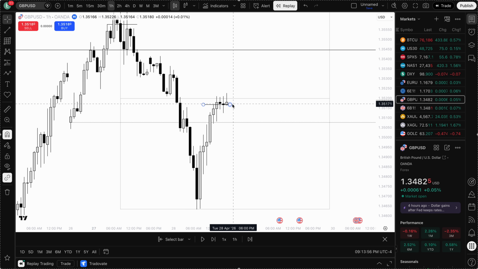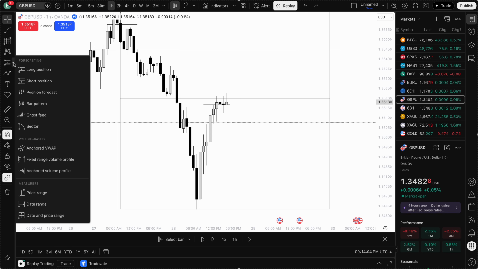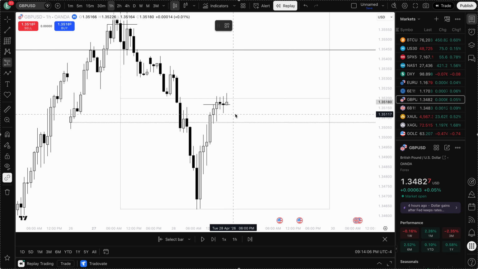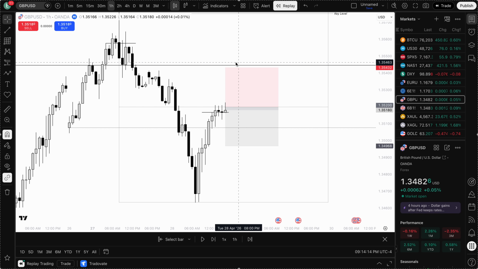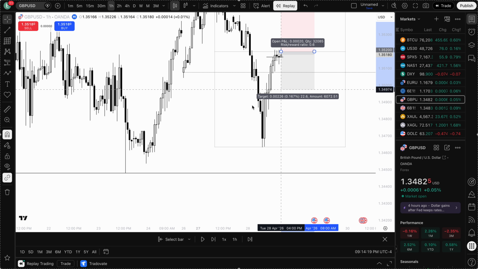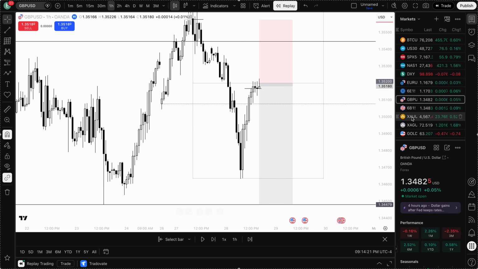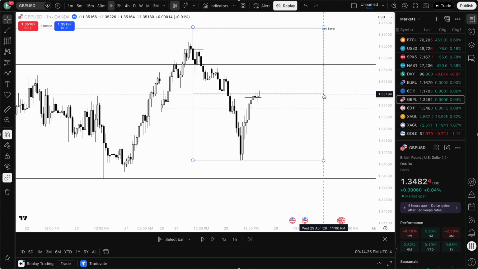So I took the trade here. I went short at 35.20, right? Originally my stop loss was way up here, and we're targeting this low right there, which is the low of the previous week.